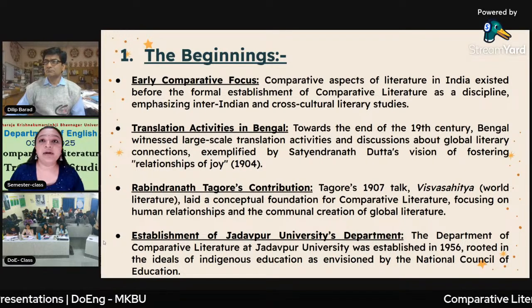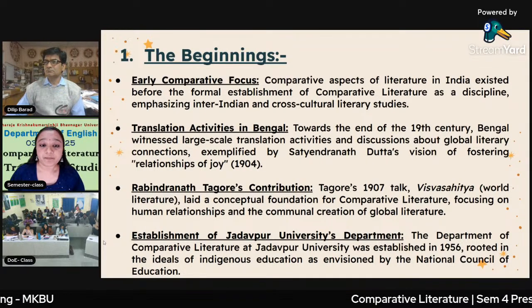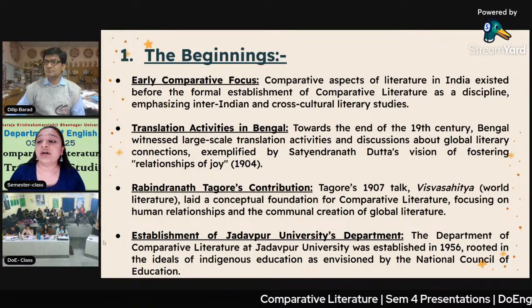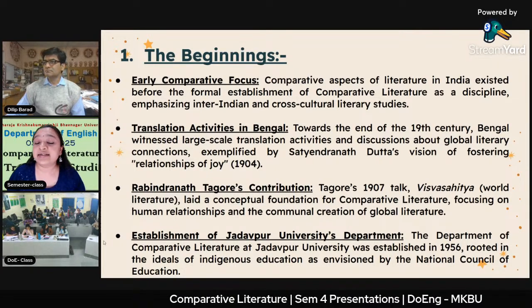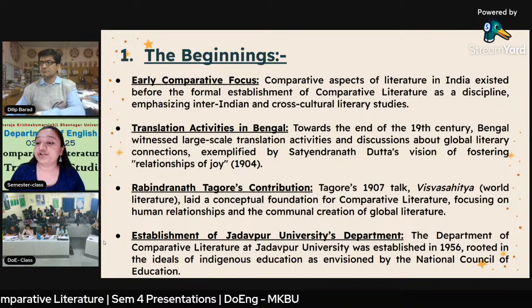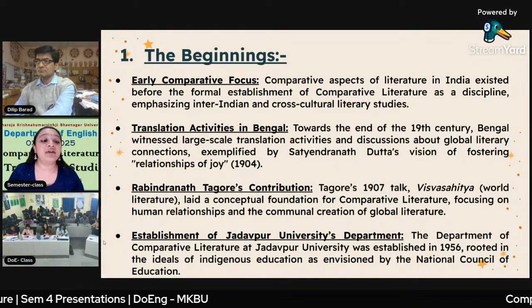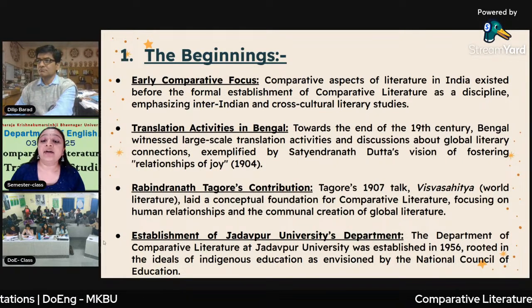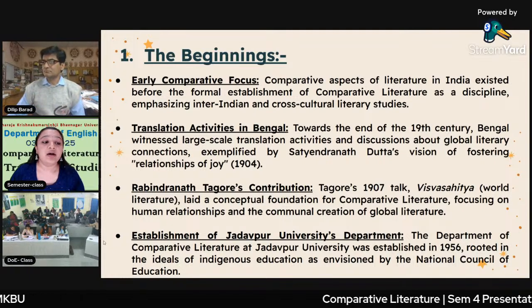The early comparative focus. The aspect of comparative literature in India existed before the formal establishment of comparative literature as a discipline, emphasizing inter-Indian and cross-cultural literary studies.